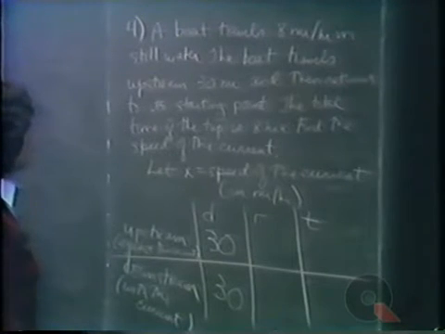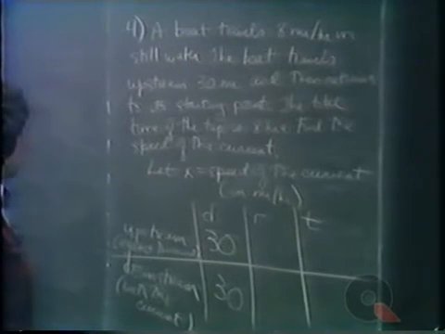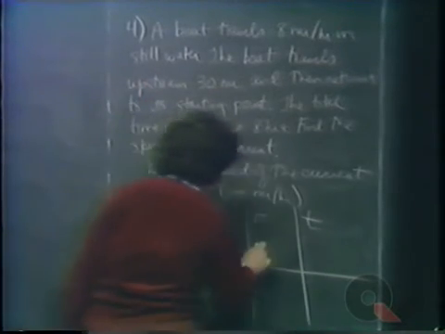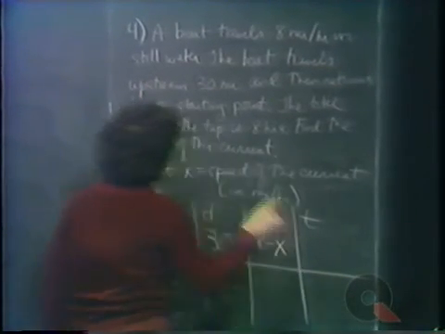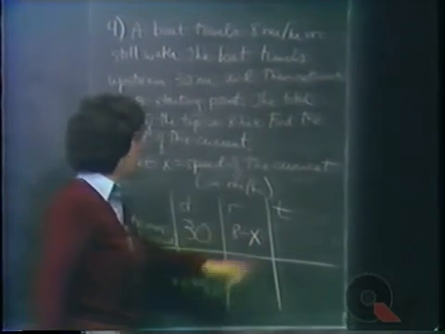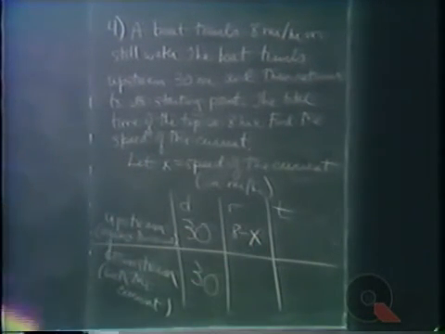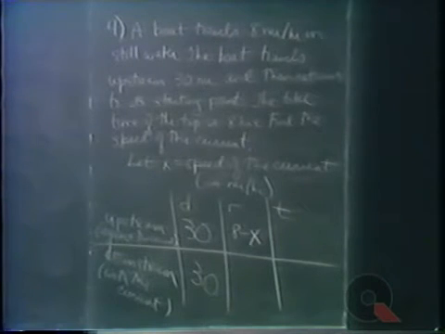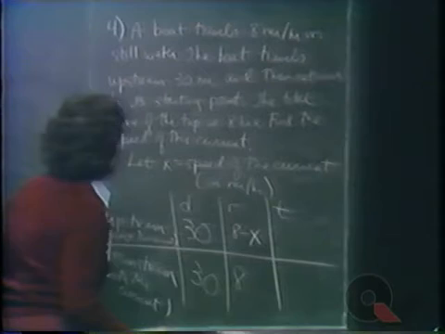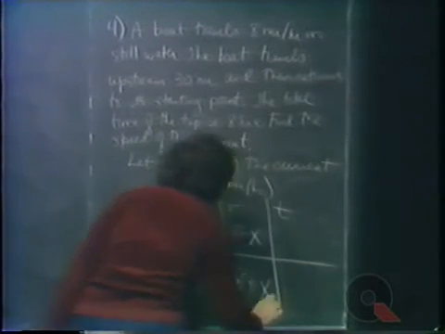When you are traveling upstream, you are traveling against the current. So you'll be going at 8 minus x miles per hour. In other words, the boat travels 8 miles per hour in still water, and from that you must subtract the speed of the current. On the other hand, when you're traveling downstream with the current, you add to the speed of the boat in still water the speed of the current.